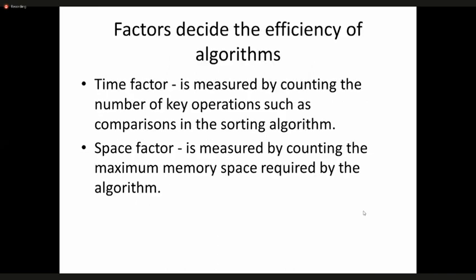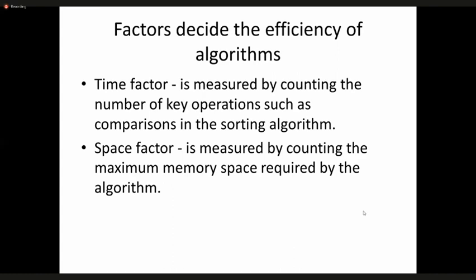Then we can consider the factors which will decide the efficiency of an algorithm. One is the time factor, the other one is the space factor. If we take the time factor, this is measured by counting the number of key operations, as an example, comparisons in the sorting algorithm.